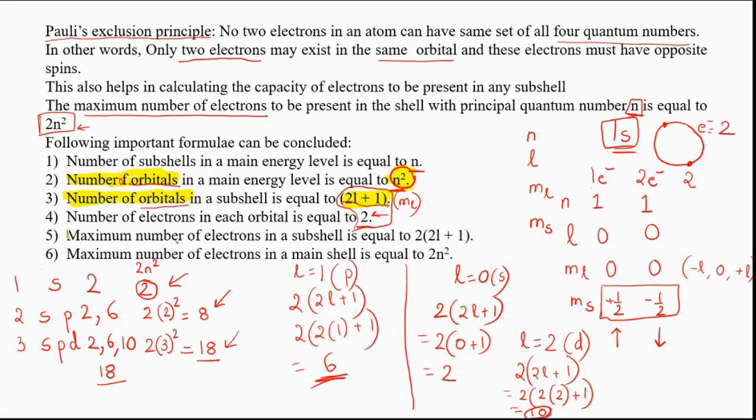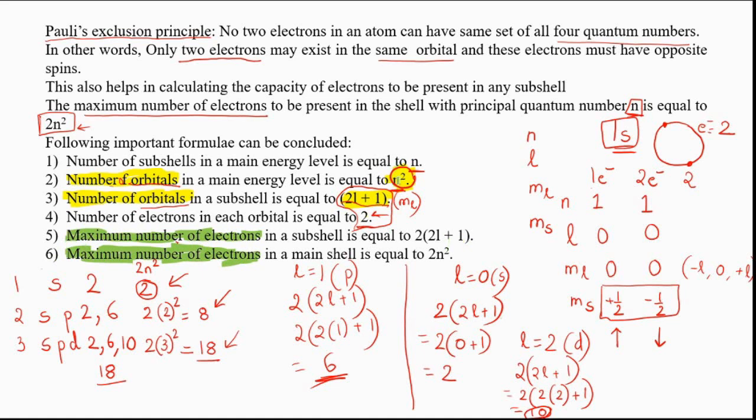So if there are two formulas for finding the number of orbitals, then there will also be two formulas to calculate the maximum number of electrons. These two formulas will be used depending on what the question gives, either the value of the principal quantum number or the value of the azimuthal quantum number. We can apply to both.